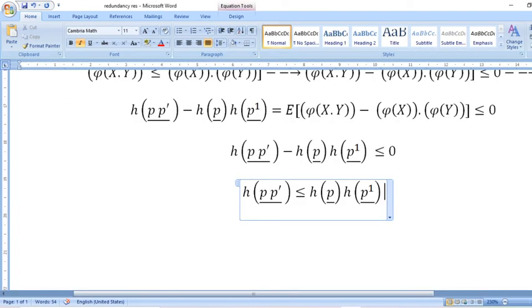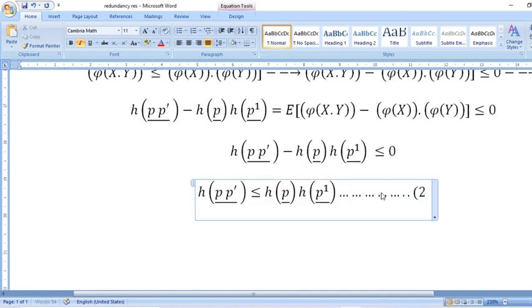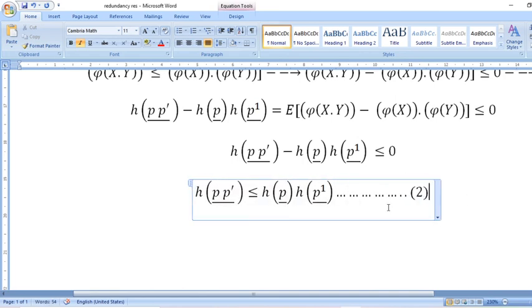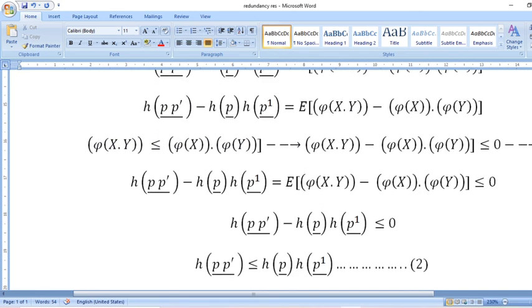So when we obtain the equality in this equation, let us denote it as equation number 2. Okay, when we obtain equality, when phi of x into y equals phi of x into phi of y, then equality holds. Okay, that is possible only when the structure function is series. Okay, equality holds only if the structure function is series.